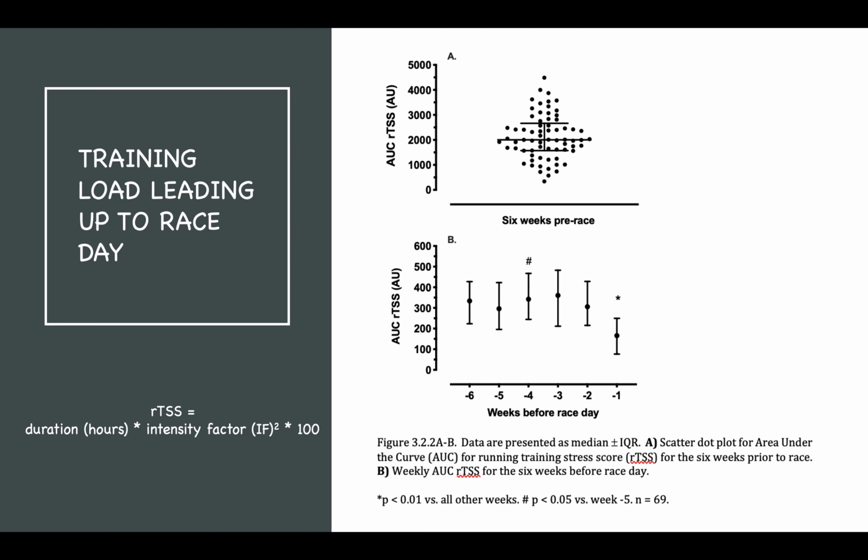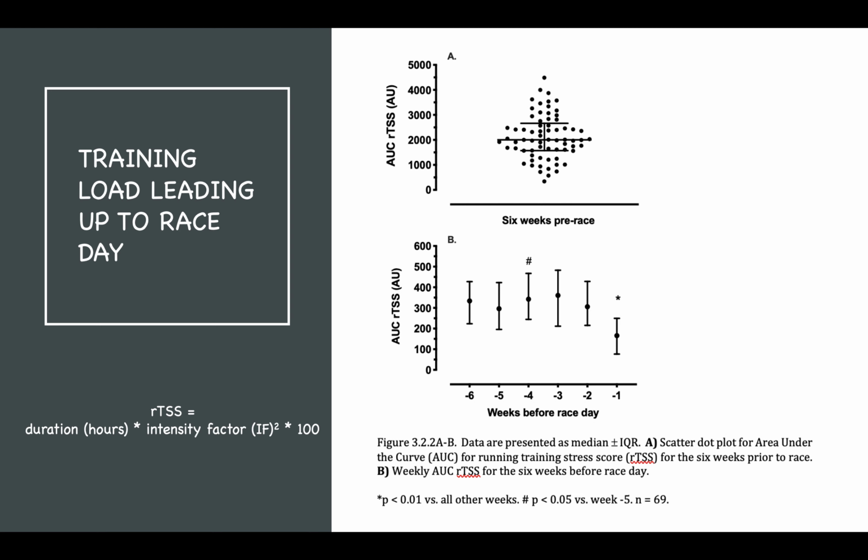And in graph B, we plotted how the training changed throughout time. So -6 would be 6 weeks before the race, and -1 on the x-axis would be the 1 week before the race. So we're moving across time by week. And on the y-axis, we've got area under the curve, RTSS. What we found was, as a group, there's a slight bump up in training load from -5 to -4.